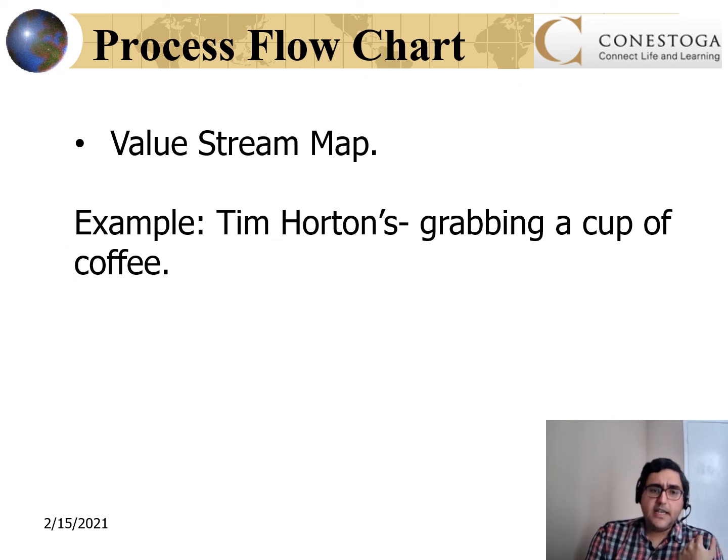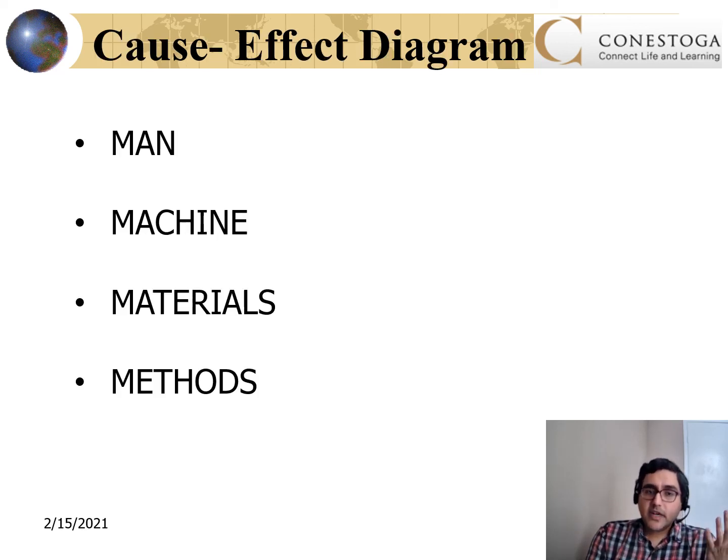First, we will be taking an example. I'm not doing it here. We'll take the example of the value stream map, which involves grabbing a cup of coffee from Tim Hortons. Then we will do a cause effect diagram, which involves four attributes, called a 4M analysis: man, machine, materials, and methods.